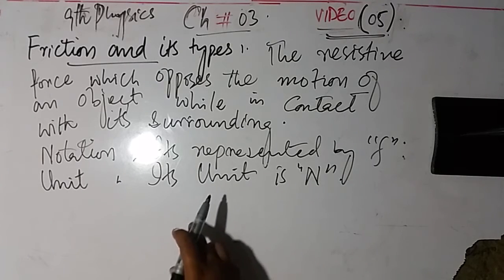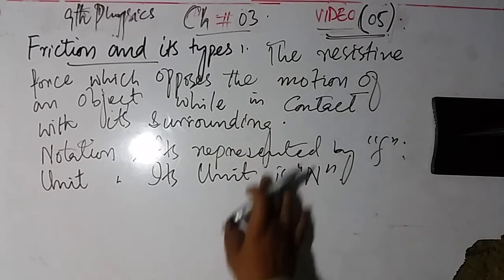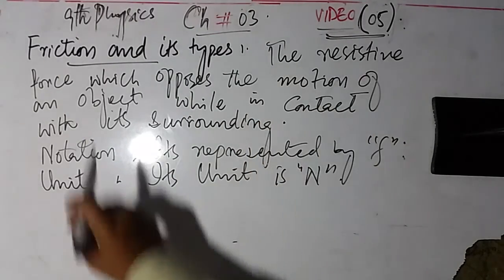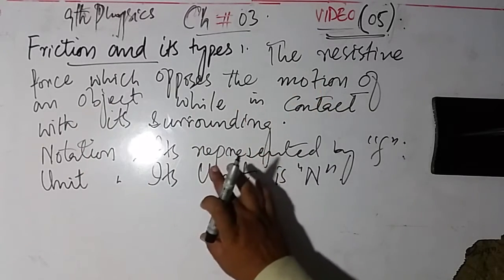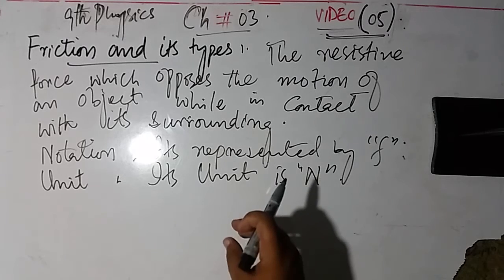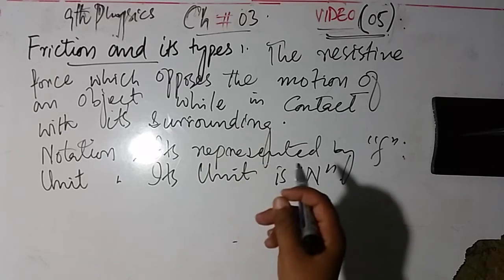Now here we are going to discuss its types. So friction, the general definition, is basically the resistive force when the object is in contact with its surrounding. In two situations, the object is in contact with the surrounding.